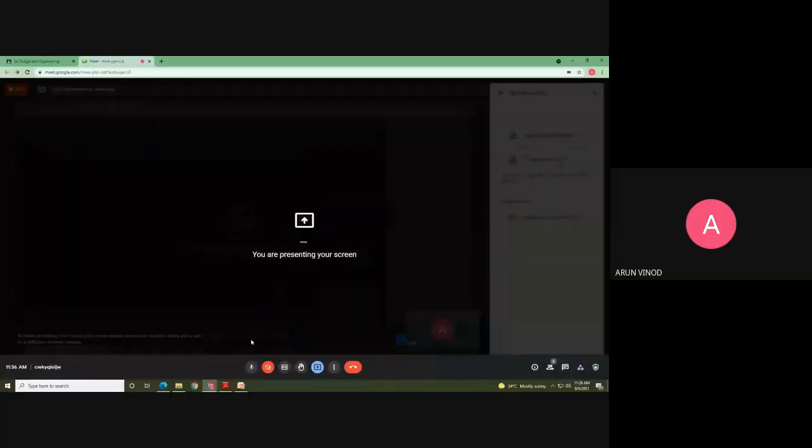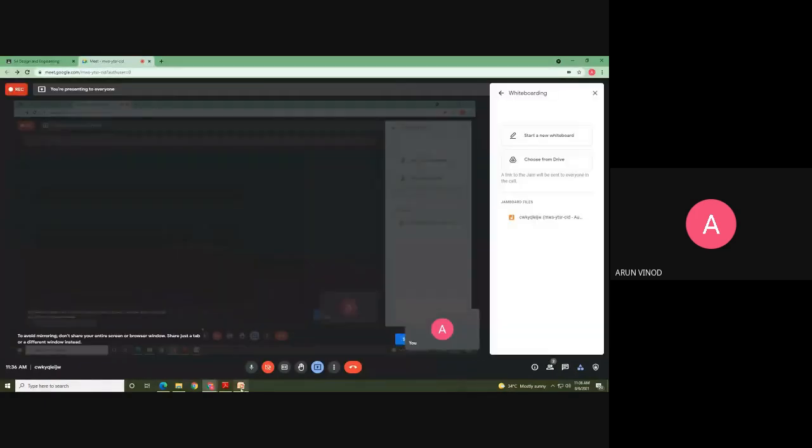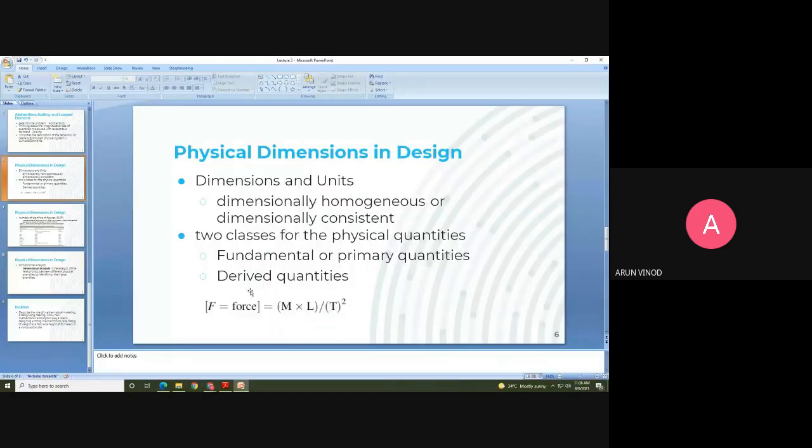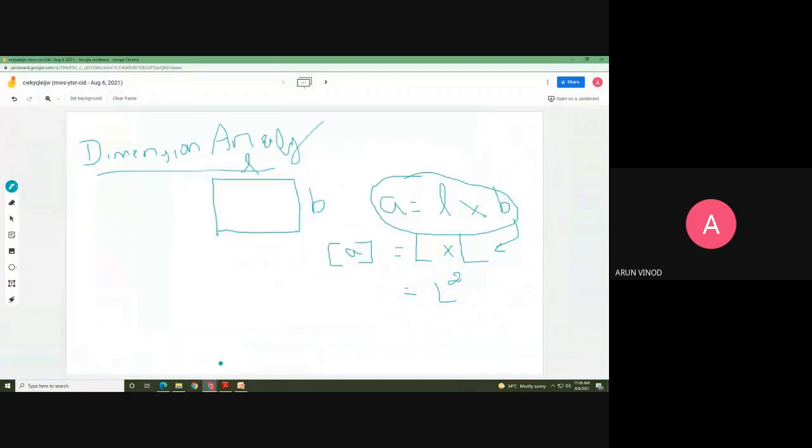What I have discussed is that you are going to identify the area of this. This is the length and this is the breadth. We are going to identify the area of it.